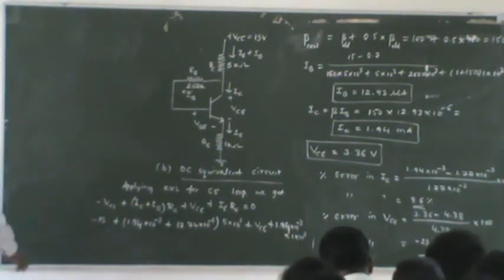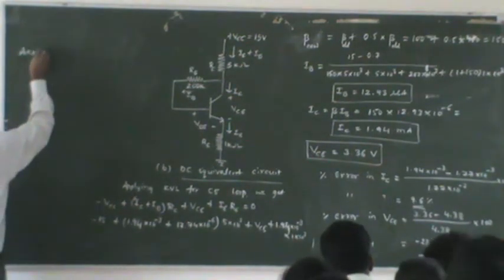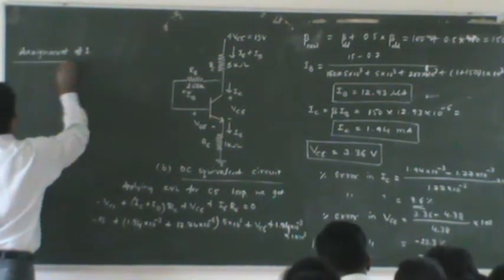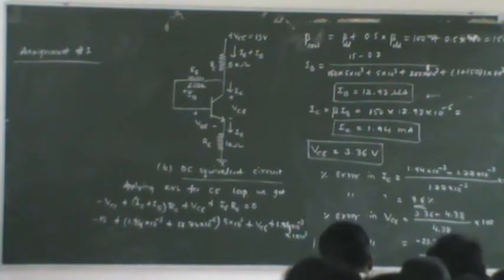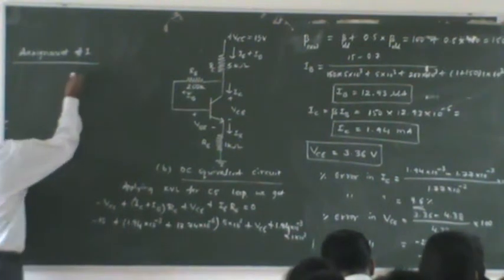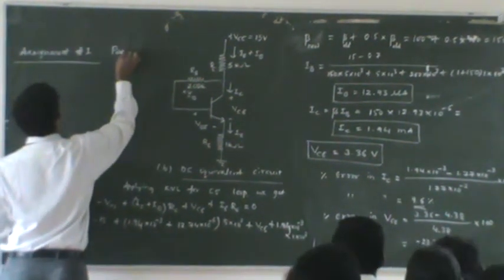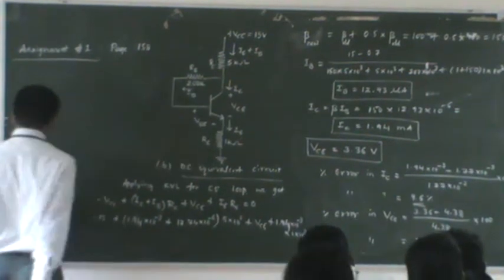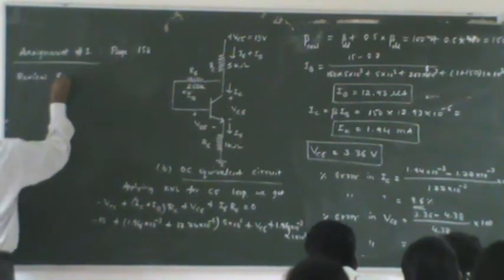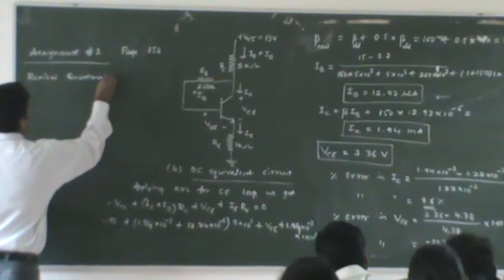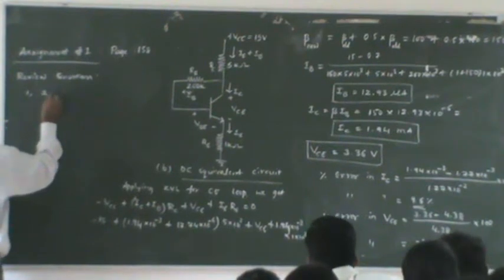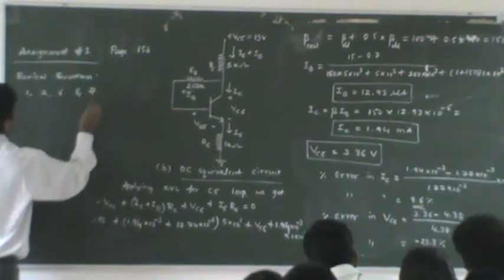A couple of assignments, as we mentioned, need to be written. This is assignment number 1. Subsequent assignments will be given, 1, 2, 3, 4, 5, next time remember. For this you need to refer to the textbook, page number 158. From the review questions, you need to answer question numbers 1, 2, 6 and 7.